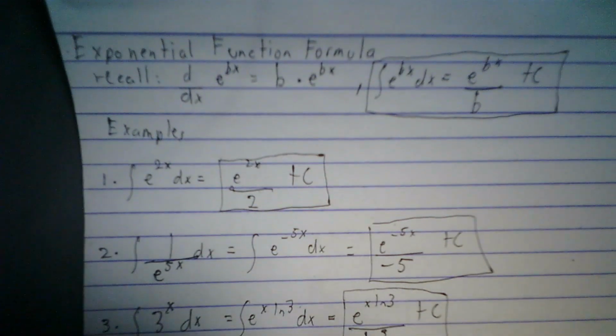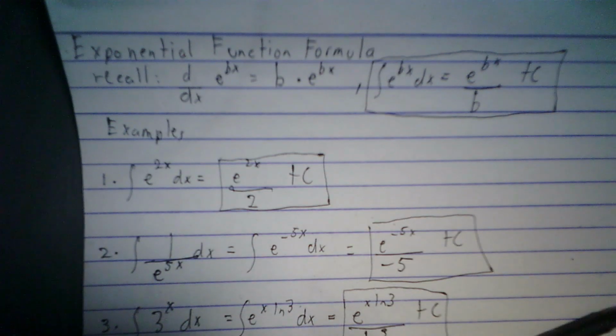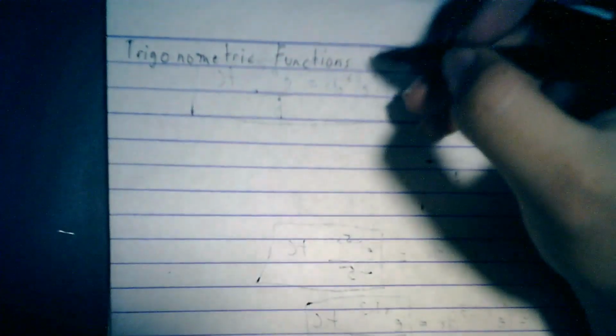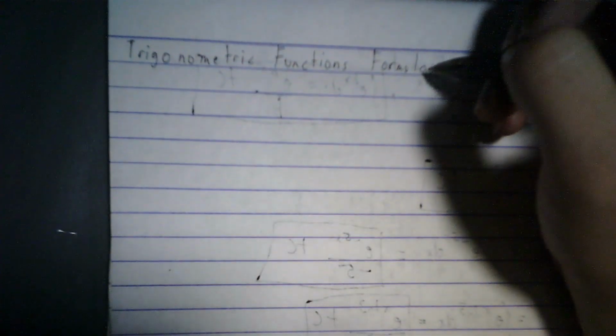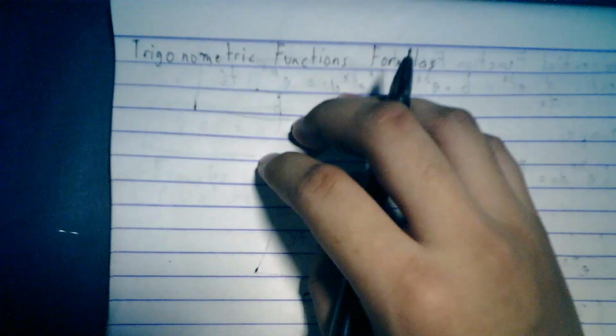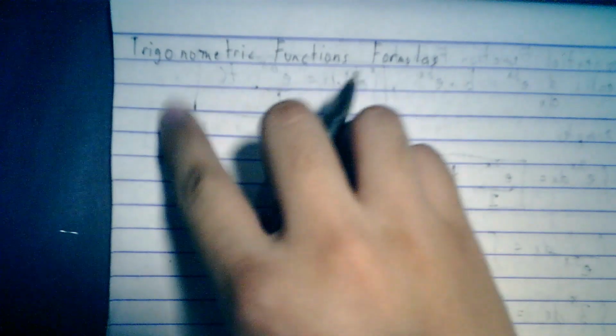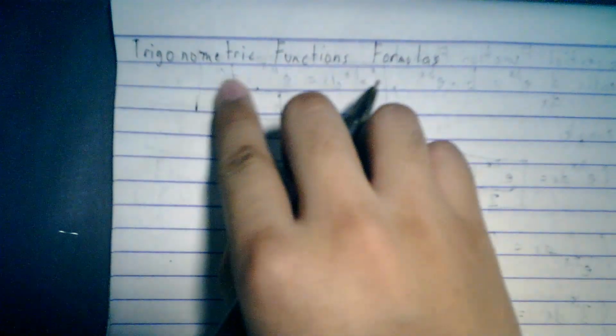So next topic we are about to tackle is about trigonometric function formulas. So let's get to that. So welcome back to trigonometric function formulas. First we need to recall the derivative of each trigonometric function.